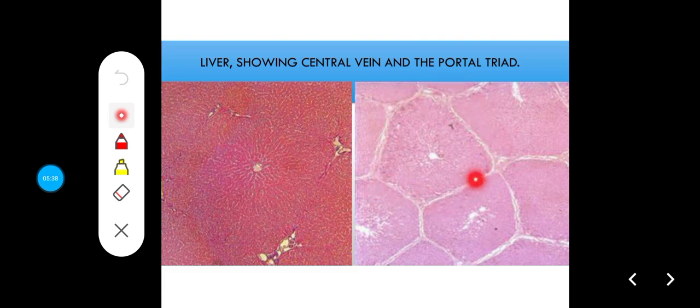This is not a perfect hexagon though, but it serves the purpose. And you can also appreciate the central vein, and then the irregular cords of cells radiating away from the center. Same thing here, central vein. Appreciate this hexagonal outline. Same thing here, central vein, then the portal triad. So the slide of the liver is quite easy to identify on histology.